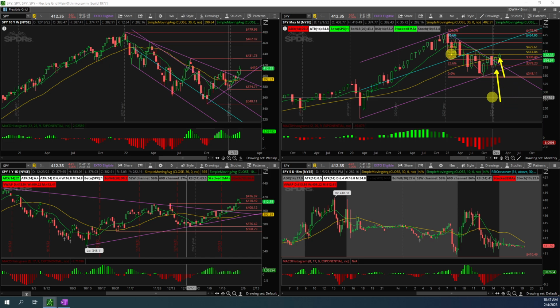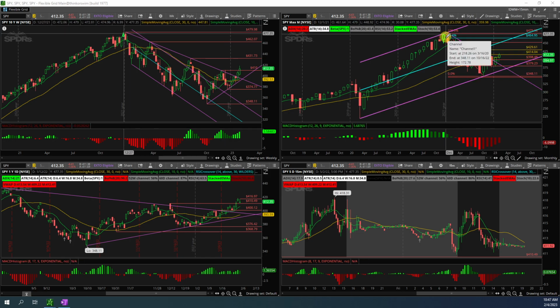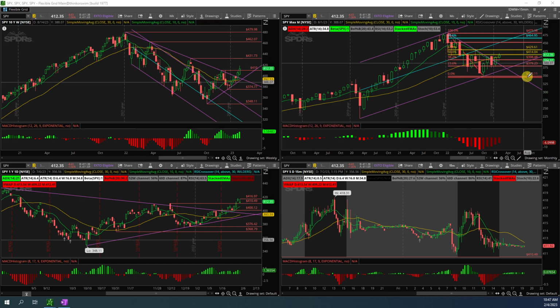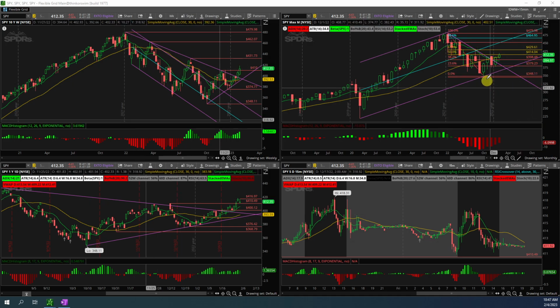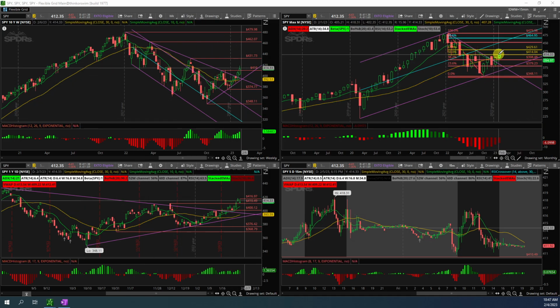However, there is a resistance level at the 50% Fibonacci retracement in between 479 and 348. So we are right in the middle of the zone. This one is a very dangerous area. It is actually resistance.